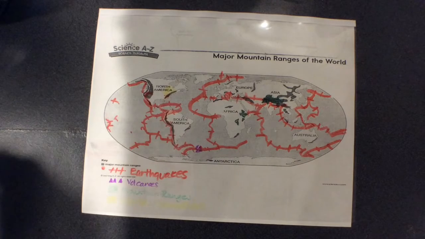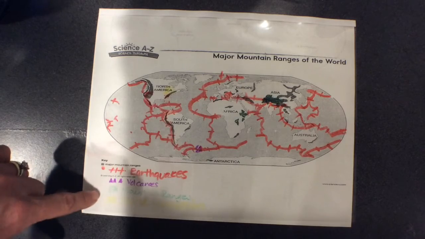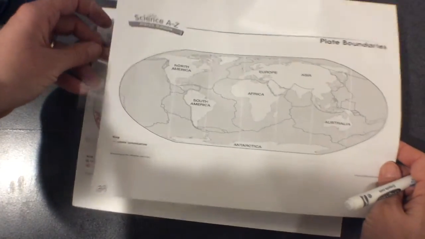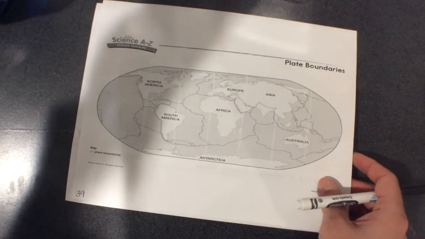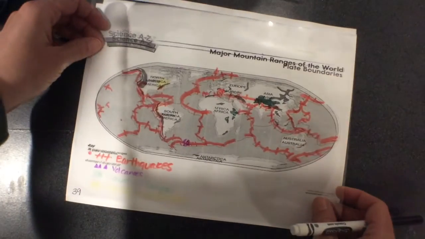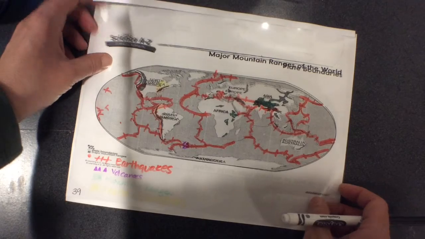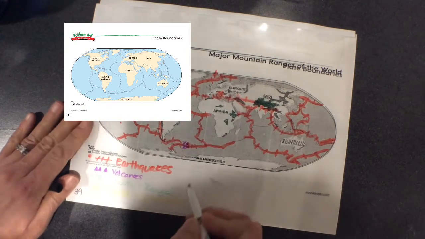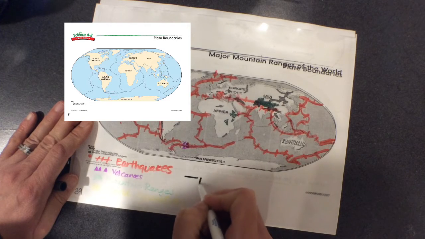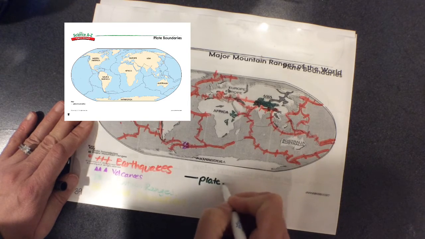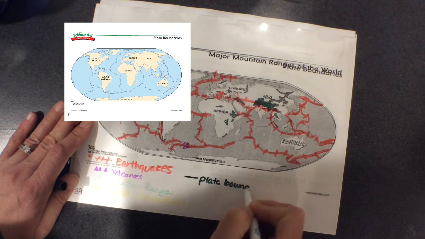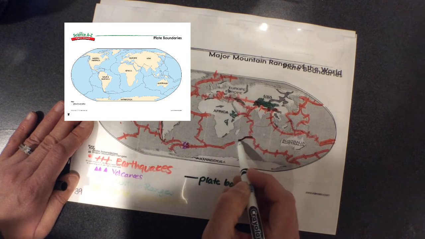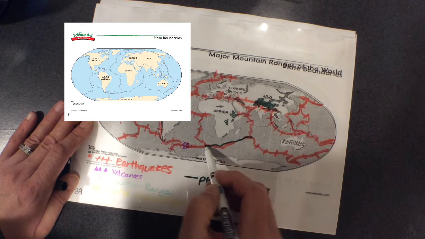All right, now we have finished our earthquakes, volcanoes, mountain ranges, and our population. The next thing that we're going to do is put page 39 down. We're going to line that up, and we are going to find all those plate boundaries. And with our black marker, we're going to go ahead and identify plate boundaries, and we're going to identify where we see all those plate boundaries.